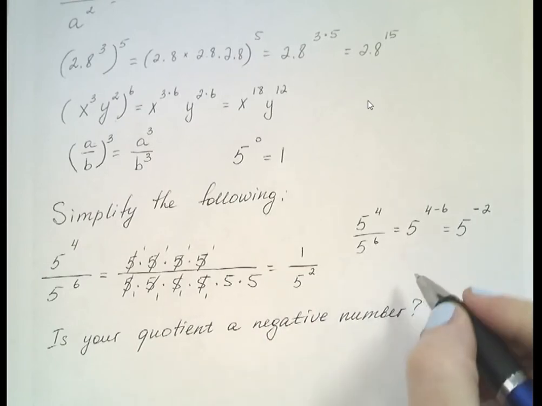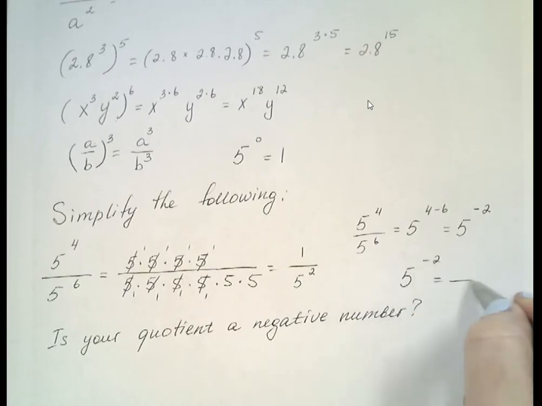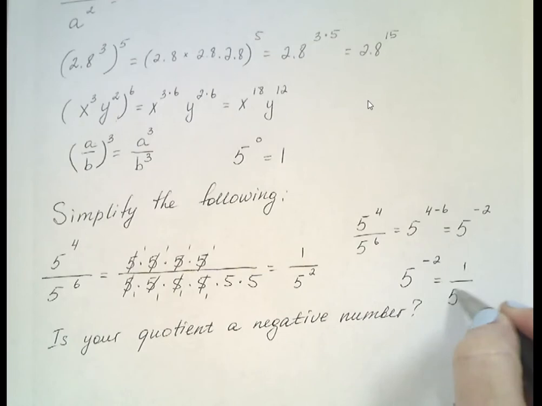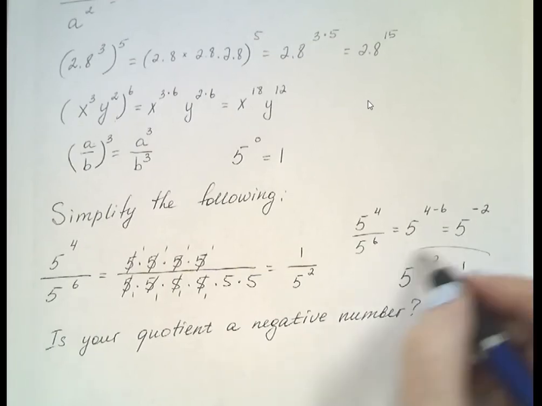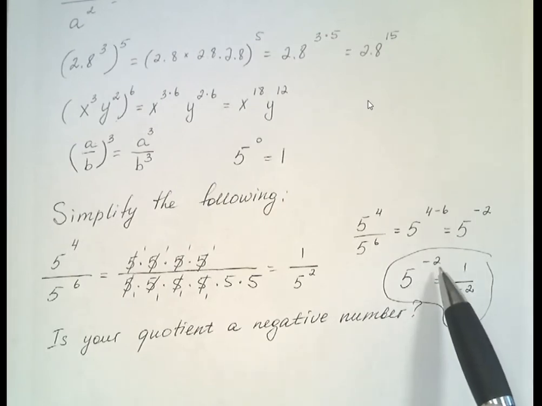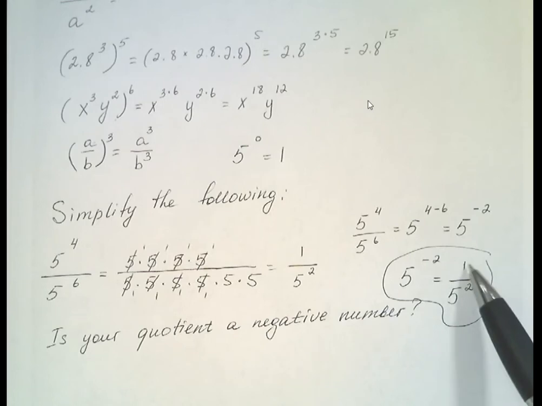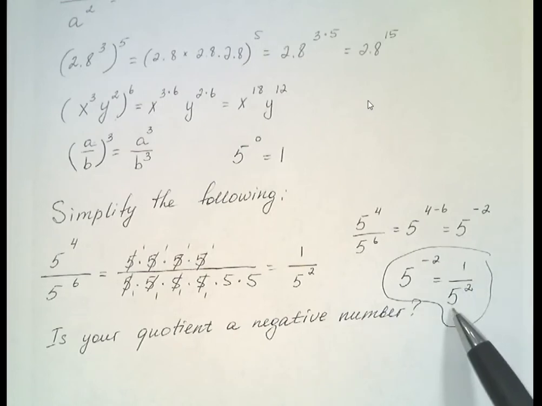So 5 to the negative second is 1 over 5 to the second. That is what our rule is all about. So basically, any negative exponent is a fraction, and the fraction shows 1 over that number to the same positive exponent.